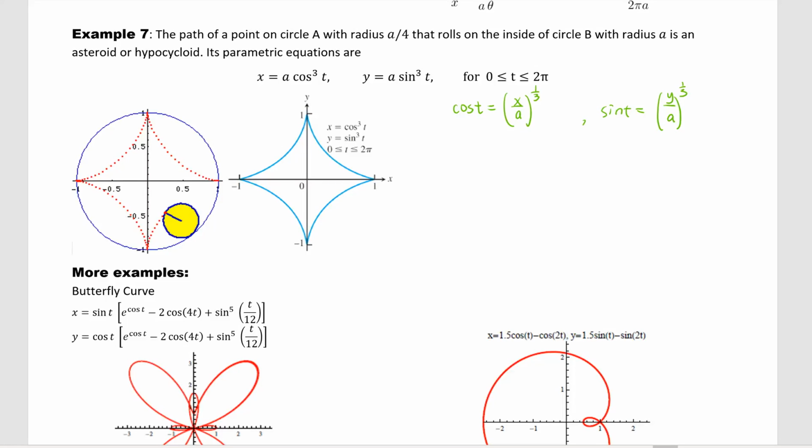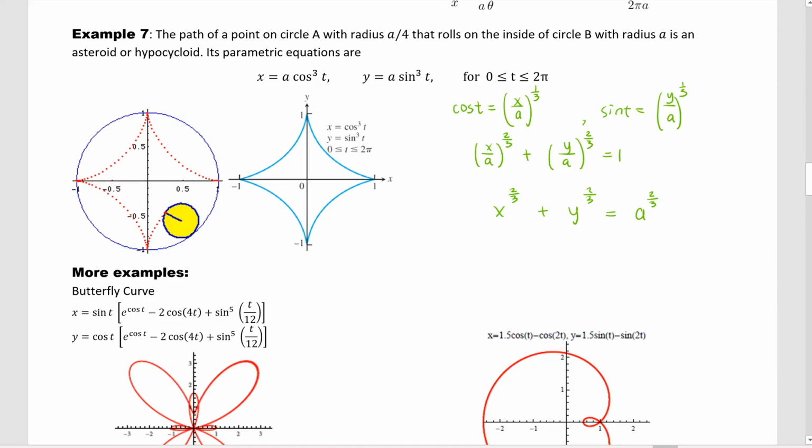So we have (x over a) to the 2/3 plus (y over a) to the 2/3 equals 1. So for this problem, we're able to express it in terms of an xy relation. Let's make it look nicer. Both terms are over a to the 2/3, so we can multiply by a to the 2/3 on both sides, and this is what we get.